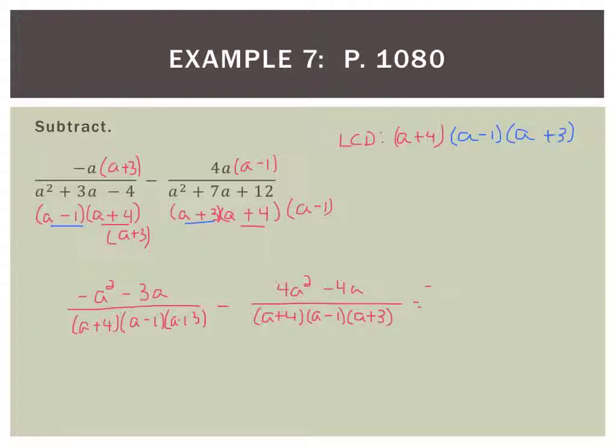So I have negative a squared minus 3a minus, and then parentheses, 4a squared minus 4a. It's very important that you put that in parentheses so that you can go back and distribute that negative to everything.